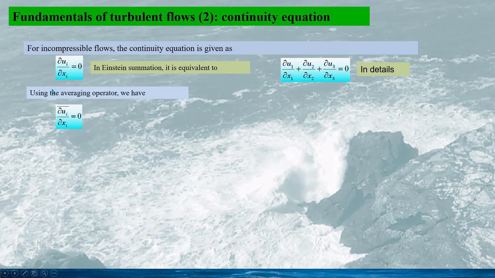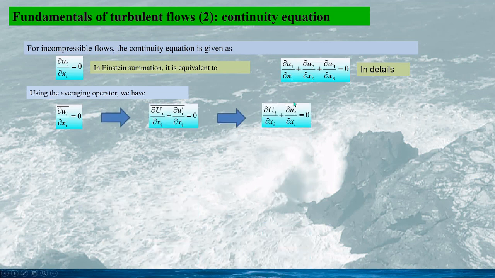So if we average the expression as this, we have this, and then average each term of the left-hand side of the equation. Since this term can be expressed as this, the average of the mean velocity is the same as this, and this can be replaced by this mean velocity and the mean of this term.